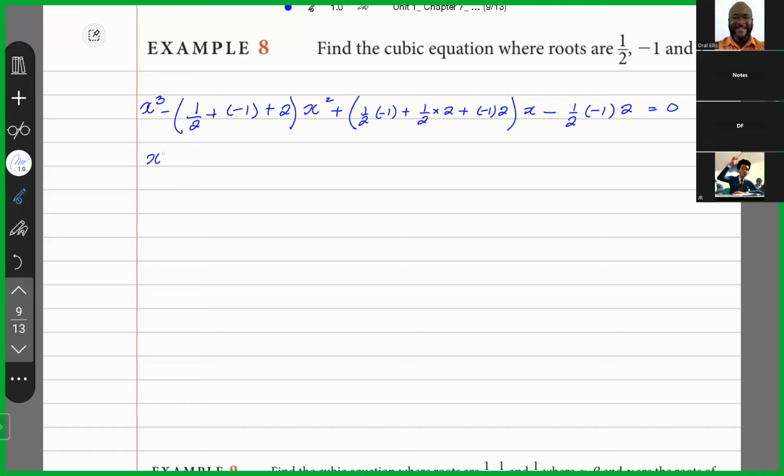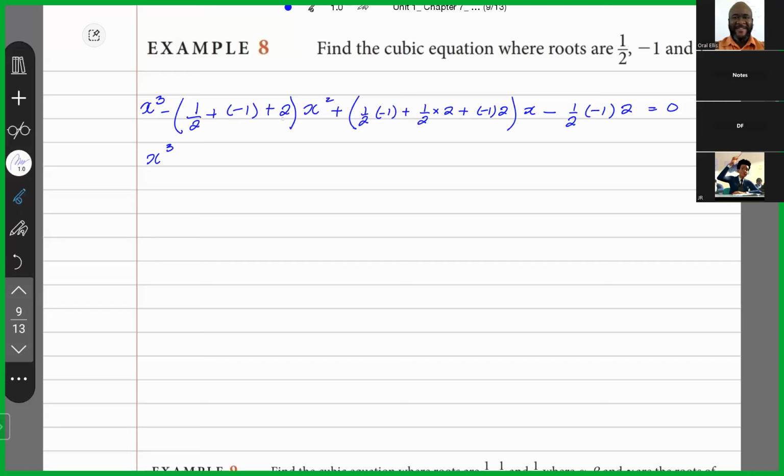So this is x cubed. You can always just put these values in your calculator and press equal. That would make it a lot easier. So a half minus 1 is minus a half.